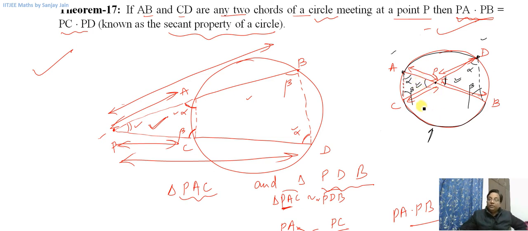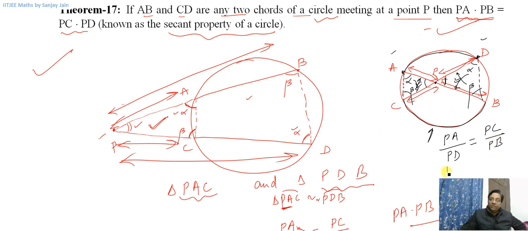So what can you say about the ratios of their sides? The ratio of their corresponding sides will be equal. So PA, the side opposite to beta, divided by PD, the side opposite to beta, will be equal to PC, the side opposite to alpha, divided by PB, the side opposite to alpha.